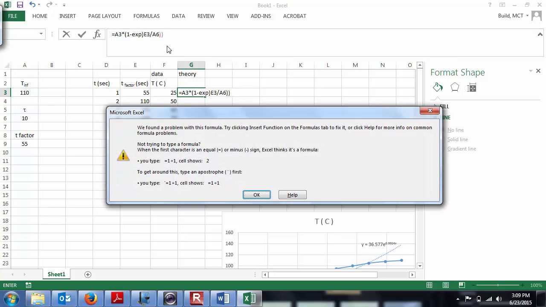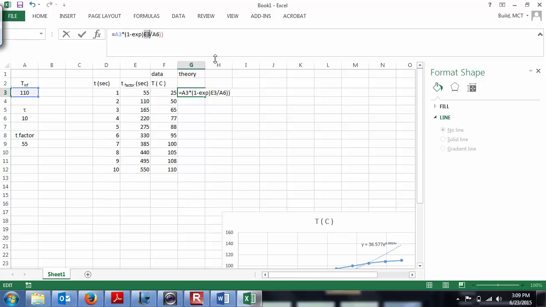Oh, I know why. I've got to have, please don't try to help me. Thank you, though. The exponential needs to be a function. There we go. E to the negative. Got to have that negative in there.